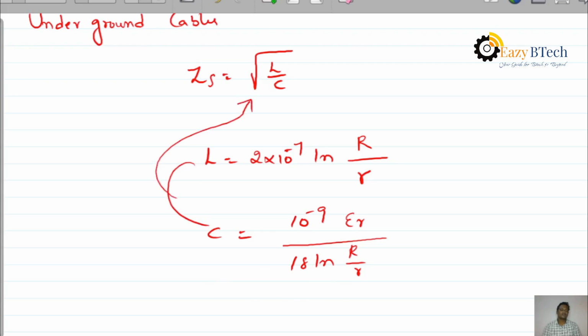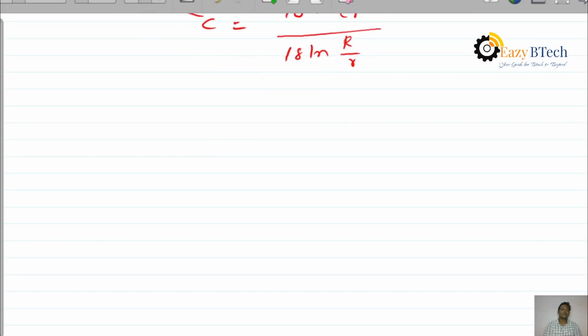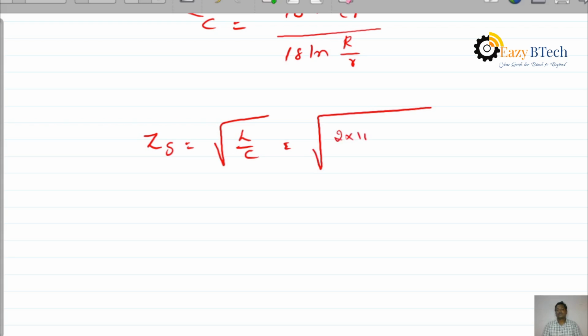You get ZC, the surge impedance, equals root L by C, which equals root of 2 into 10 power minus 7 ln capital R by small r divided by 10 power minus 9 epsilon r divided by 18 ln capital R by small r.